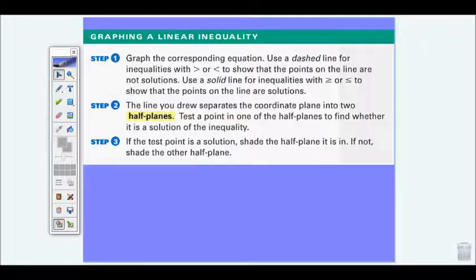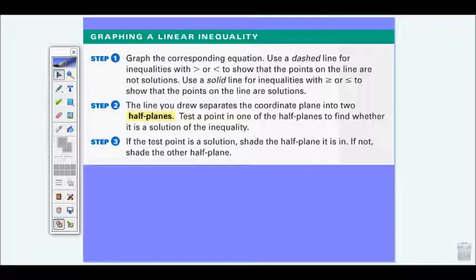So step 1, when we graph it, we look at what kind of line we're going to use. Is it going to be dashed because it's either just a greater than or a less than, or is it going to be a solid line because equal is also in the solution? Then when we draw that line, when we're graphing that equation or inequality like we have been doing, we cut our coordinate plane into 2 half planes.